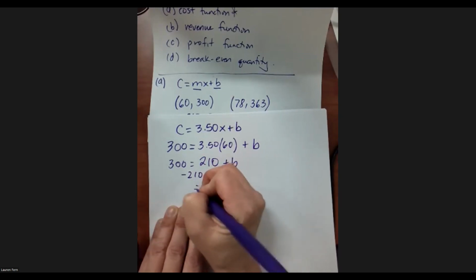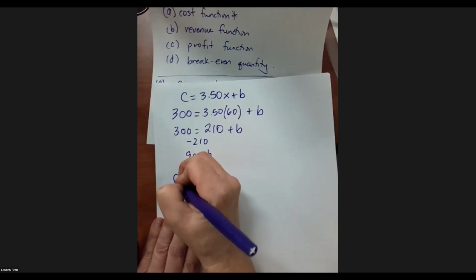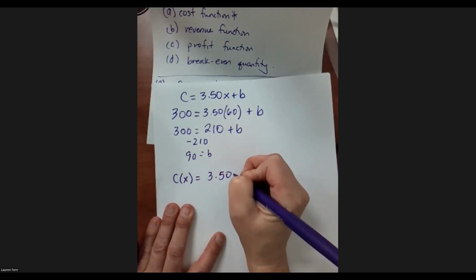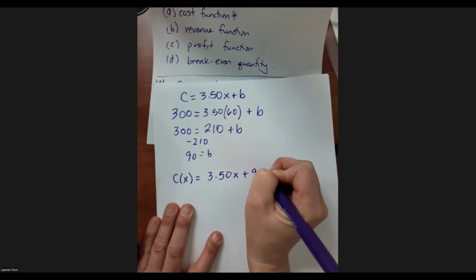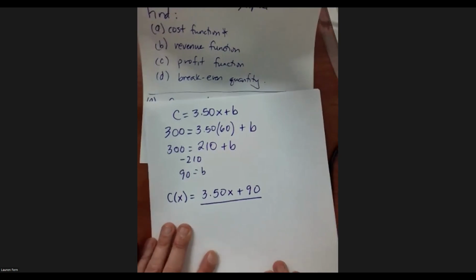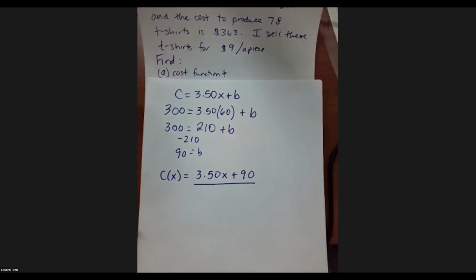Subtract 210 from both sides, and I'm going to get B to be 90. So my cost function is 3.5x plus 90. Stop. We are done with finding our cost function. Before I move on, are there any questions as to how I proceeded?